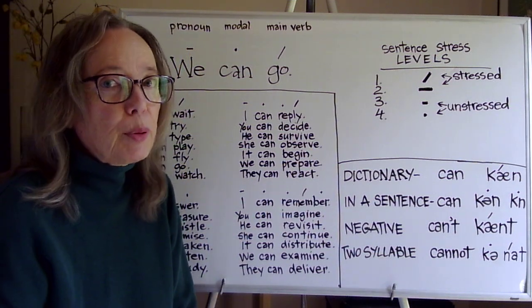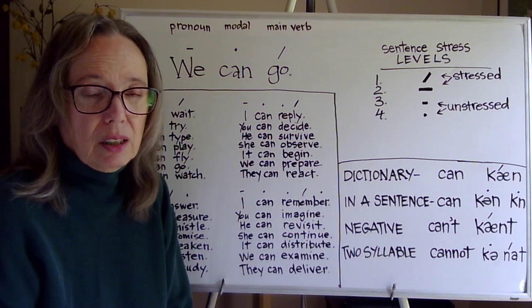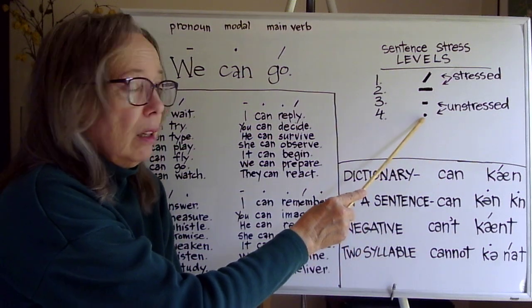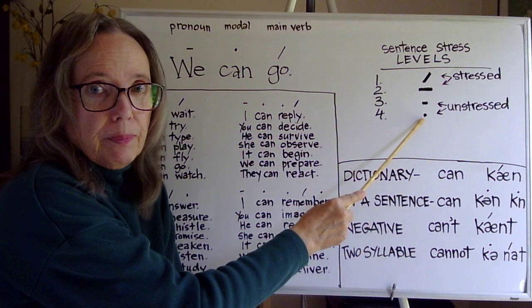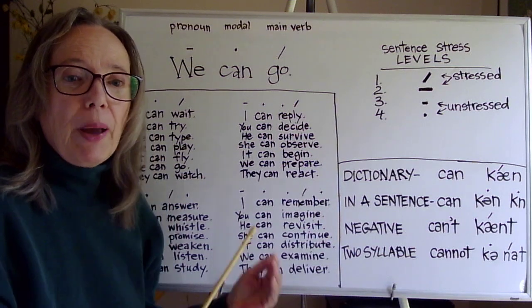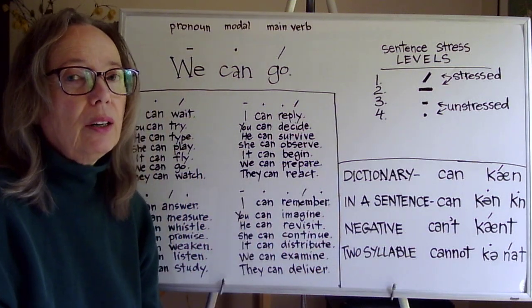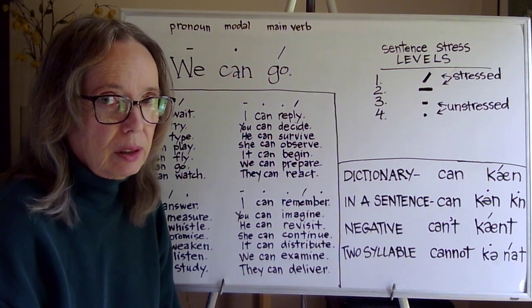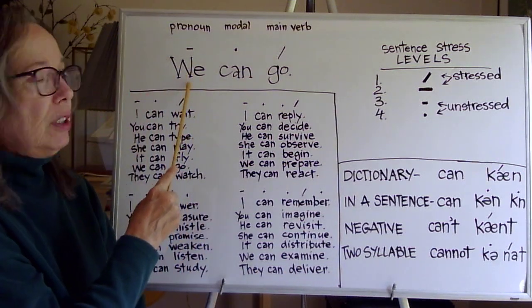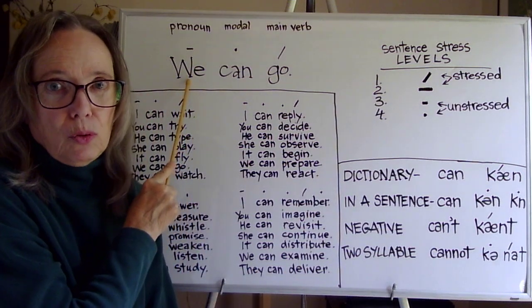If they're in another position in a sentence, they may have the weakest stress. But in this type of sentence, where the pronoun is the subject, it is going to have number 3 stress.